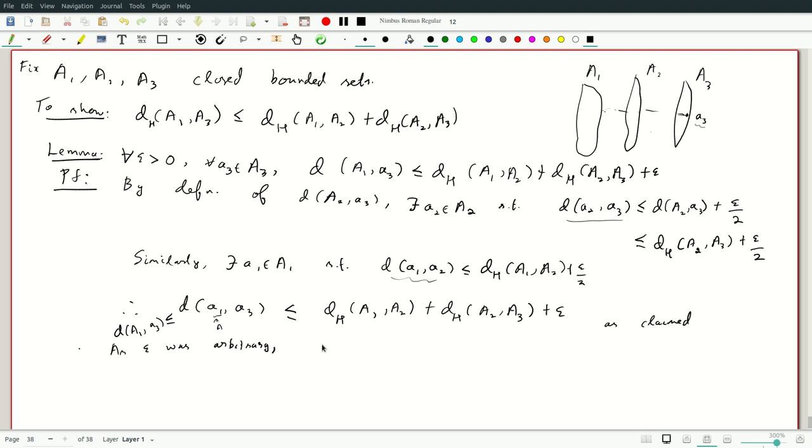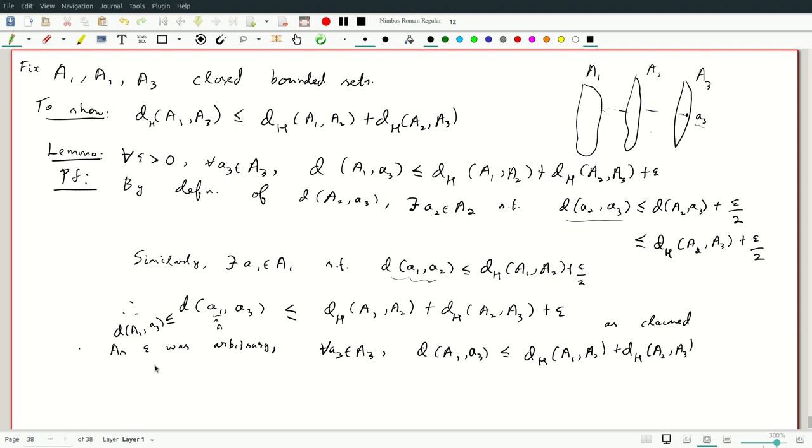Well, for all A3 in A3, we know that distance between A1 and A3 is less than or equal to the sum of the two Hausdorff distances. So that epsilon of room we got was useful, but it can be thrown away.